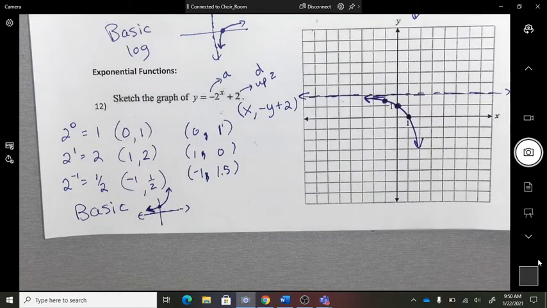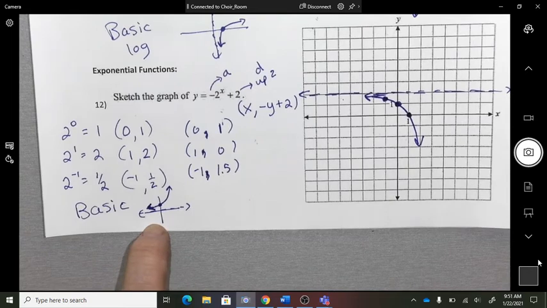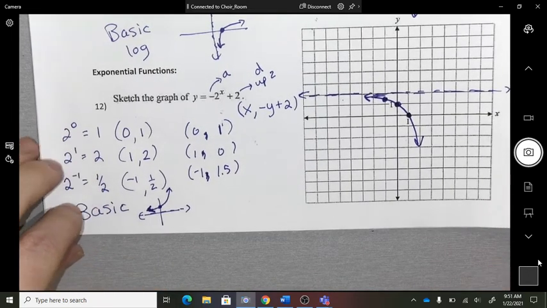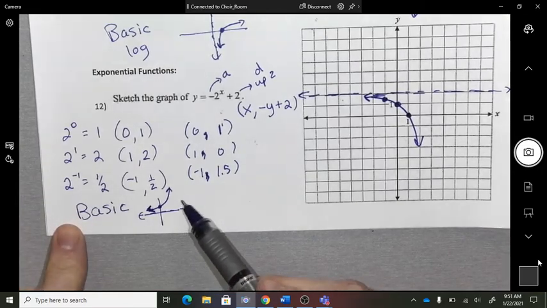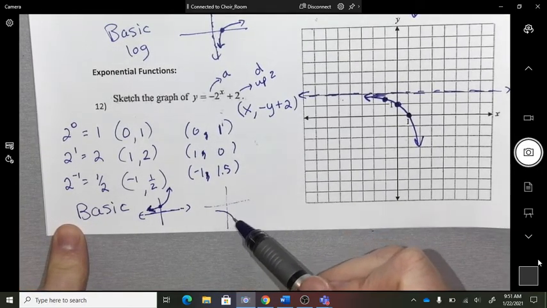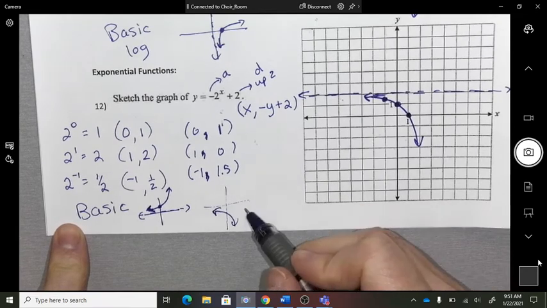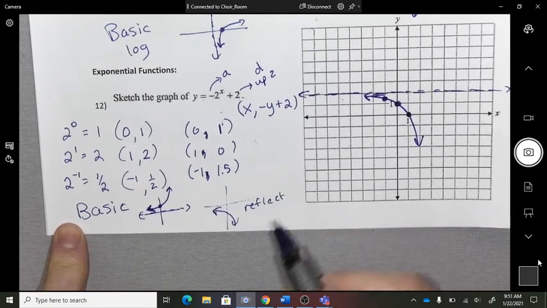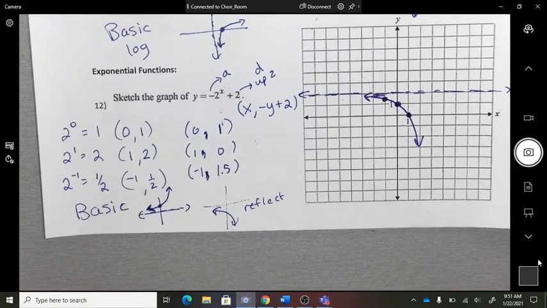Reflected. Yep, do you see that reflected shape? You gotta visualize that basic shape, reflected, and then it got moved up after. Can you visualize that in your head, a reflection?